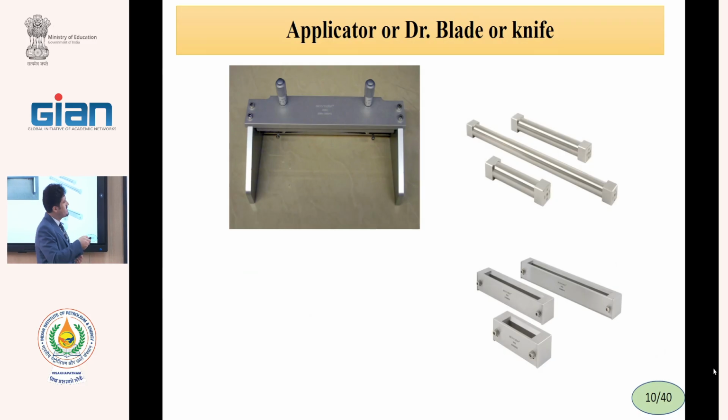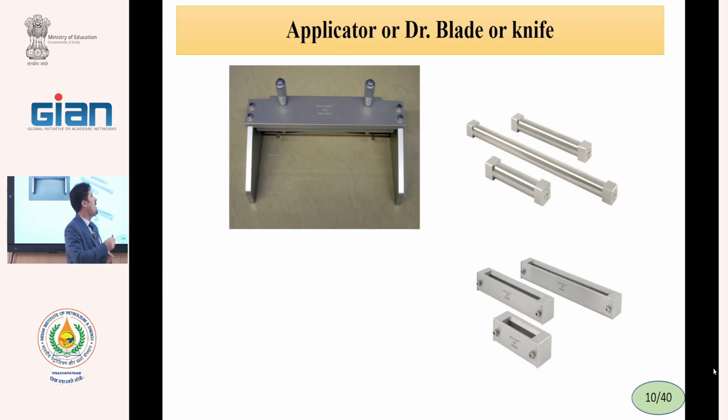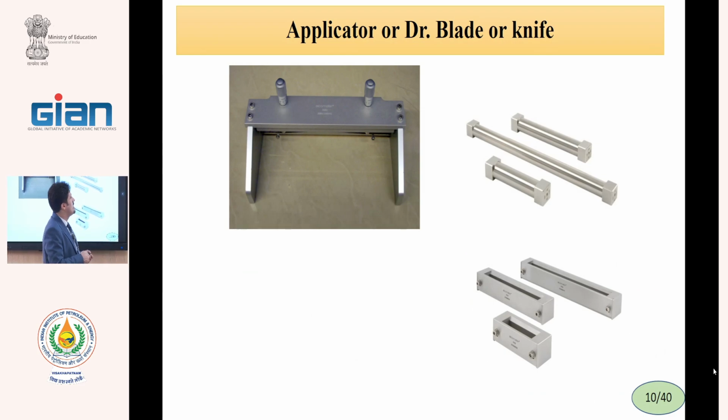Okay? This device can coat micrometer layers on a surface. The surface can be glass, fabric, or any plastic surface. On every surface we can coat the polymeric membranes, but we usually use glass, fabric, and plastic films.